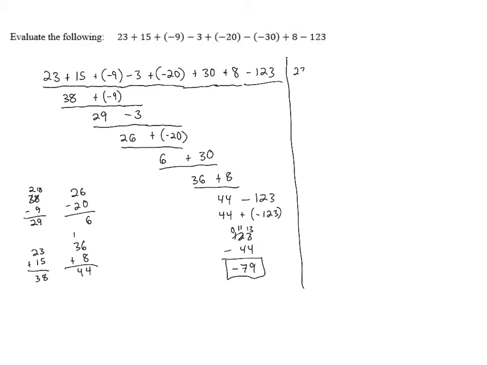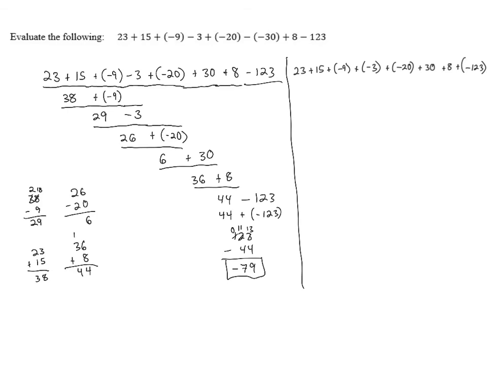So we've got 23 plus 15 plus negative 9, and then plus negative 3, plus negative 20, and then subtracting a negative is the same as adding, so plus 30, and then plus 8, and then at the end plus negative 123.